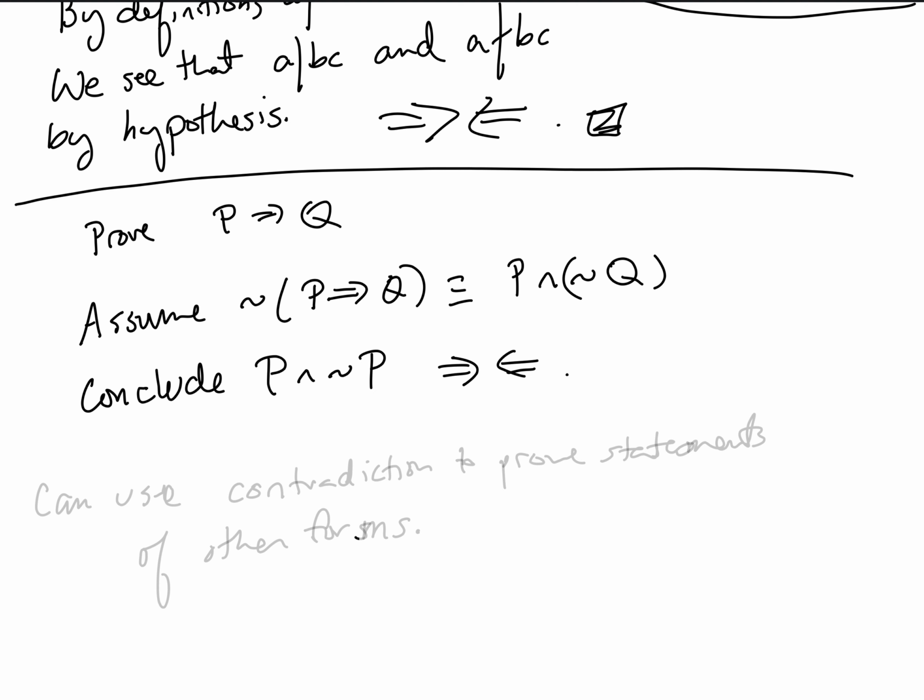And so that was basically the format of the two proofs that we've just done. We can also use proof by contradiction to prove other types of statements, forms aside from P implies Q. So we'll see that in the next couple examples.